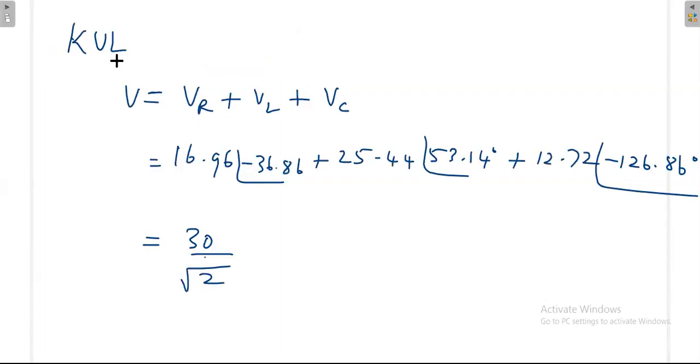The power is equal to the average power. I told you the average power means always I RMS mod square into R. What is the I value here?